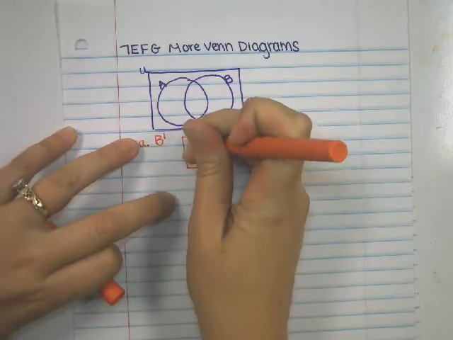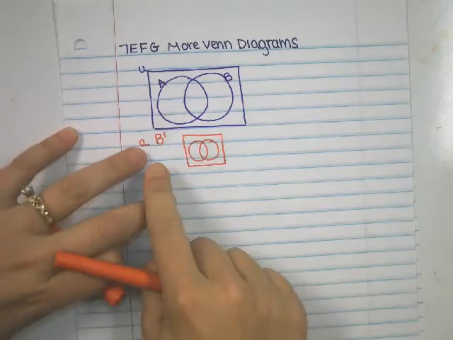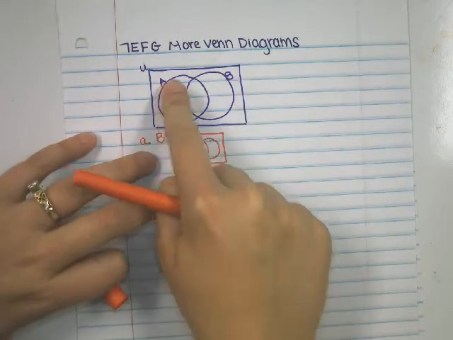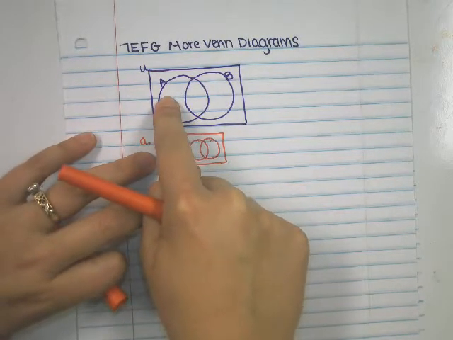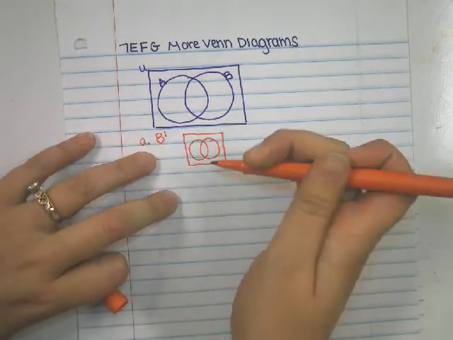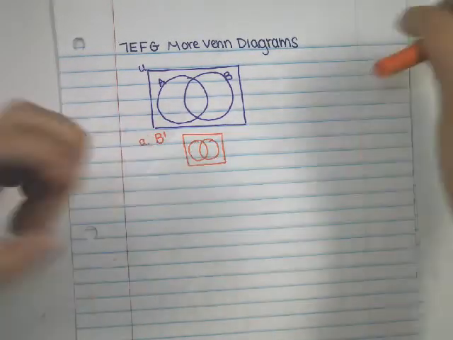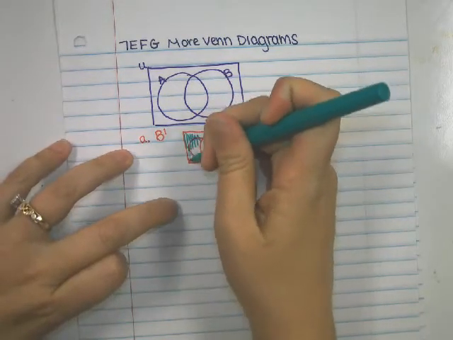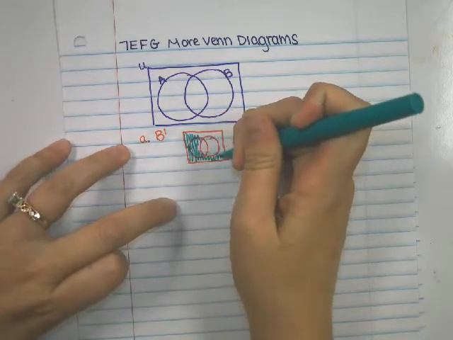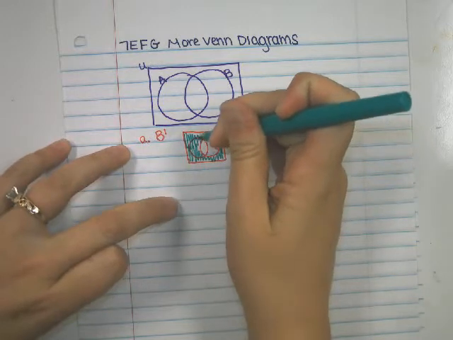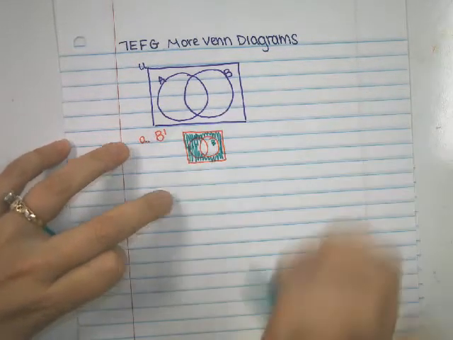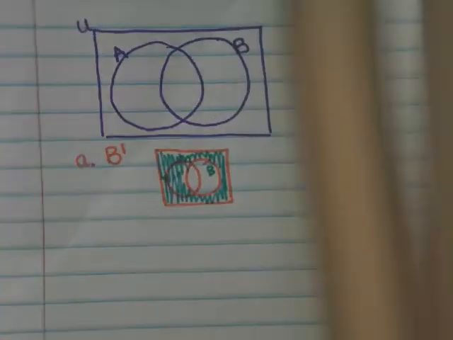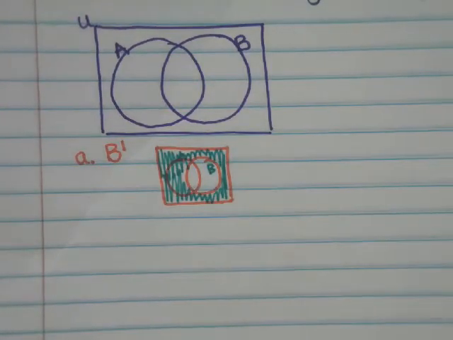We would have A and B. B complement is everything that's not in B. So it could be in A, maybe. It's definitely in U, but it's not in B. So I'm going to shade everything except for B. Everything that's out here, this is B. Everything out there would be in B complement. It's not in B, but it is in U.